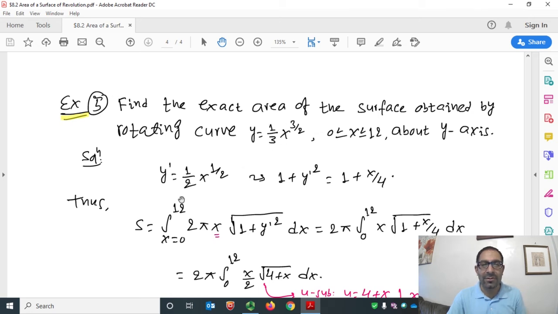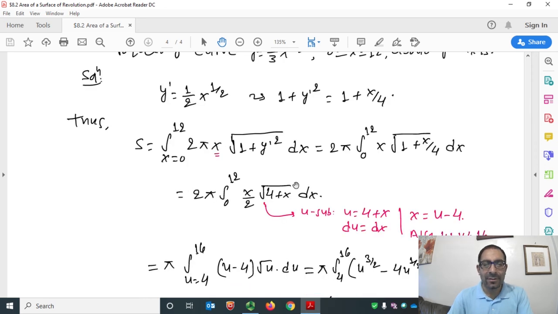So y prime equals 1/2 times x to the power 1/2. I hope this derivative makes sense to you all. Then find the value of these expressions. 1 plus y prime squared equals 1 plus x over 4, right? So 1/2 squared is 1/4, and x to the power 1/2 squared is simply x.